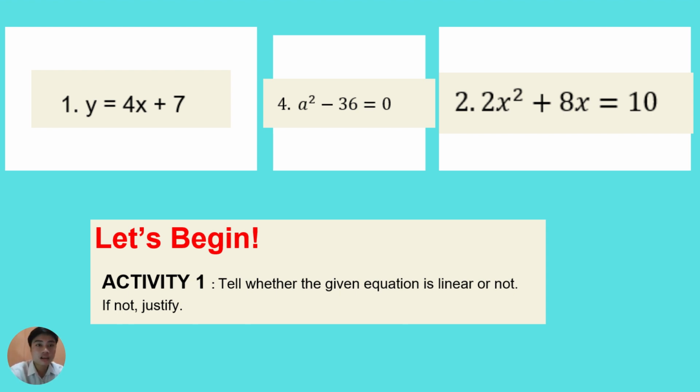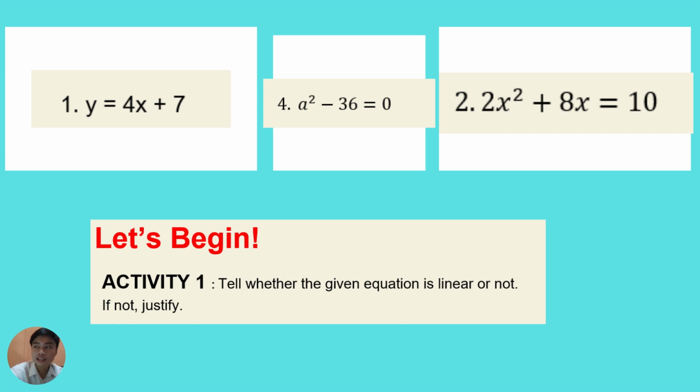Is it linear or not linear? So the answer for number 1, pakilagay sa inyong mga papel, is linear. For number 2, a squared minus 36 is equal to 0. Is it linear or not linear?